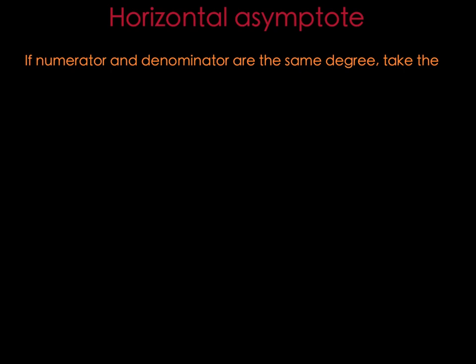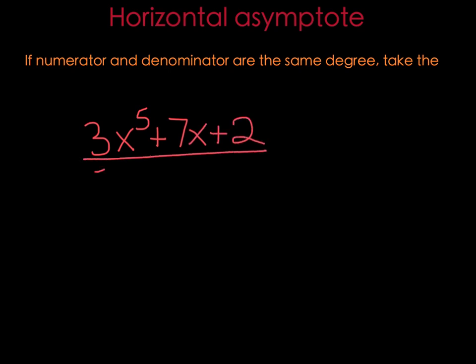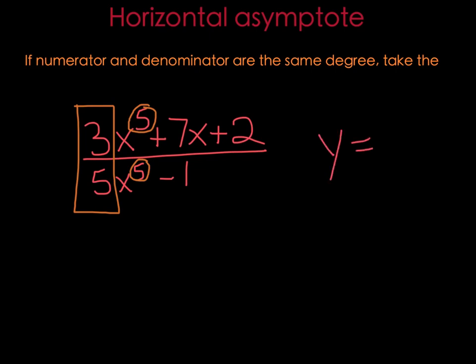So if I had something like 3x to the 5th plus 7x plus 2 over 5x to the 5th minus 1, you're looking at the degree, and if it is the same, then you take the ratio. So your horizontal asymptote is always a y equals, because it's a horizontal line, and in this case it would be 3 over 5.